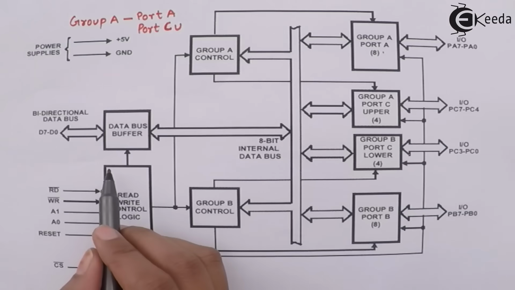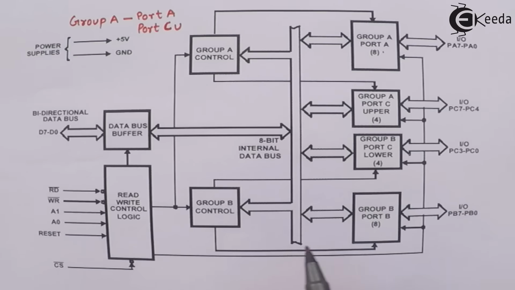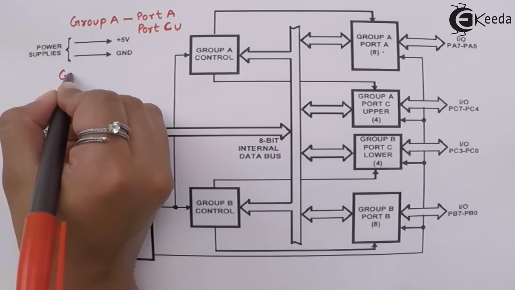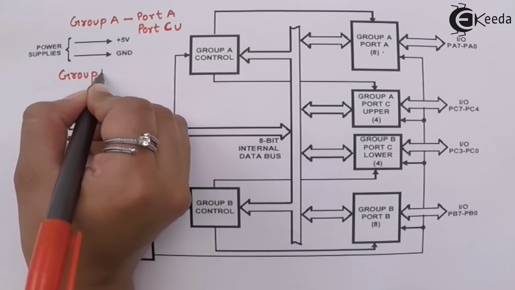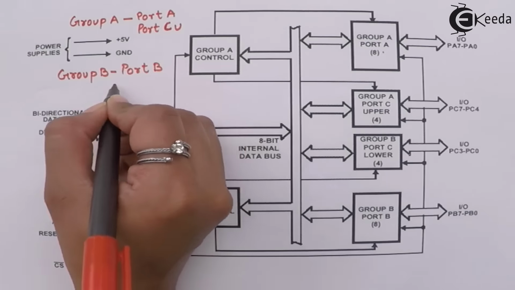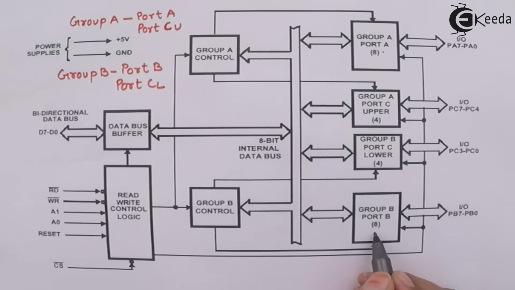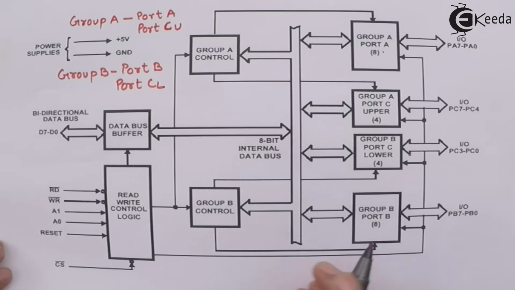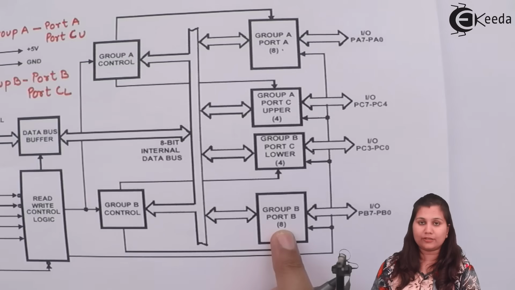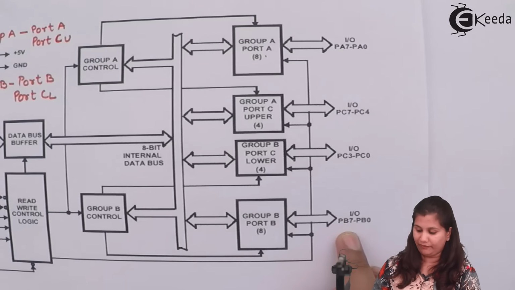Then we have the Group B control, which has port B and port C lower. Port B has 8 lines, from PB0 to PB7.